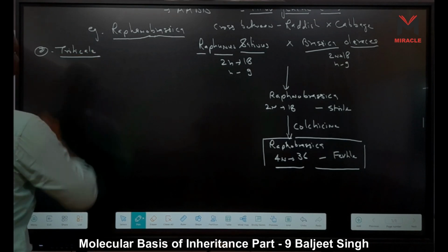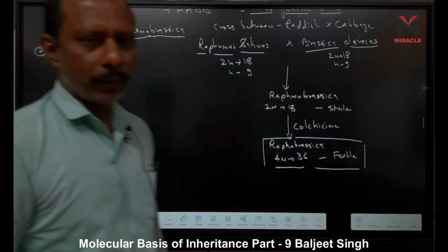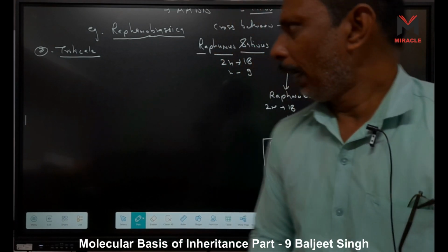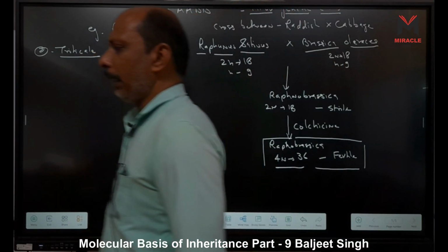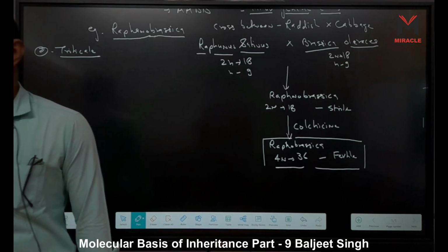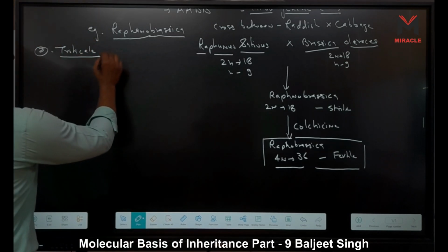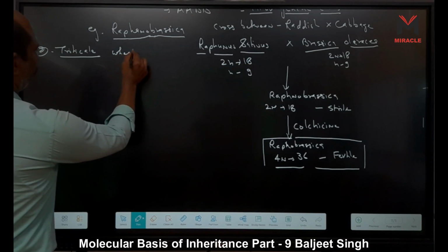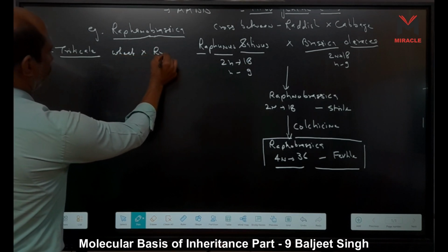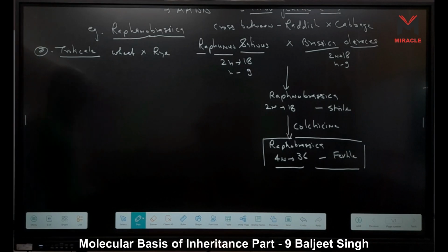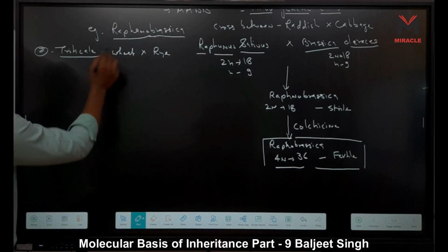Triticale. Now you understand Triticum aestivum is the scientific name of wheat, and kale, this one is coming from Secale cereale, which means rye. So this one is the cross between wheat and rye, right? So what is the scientific name of wheat?